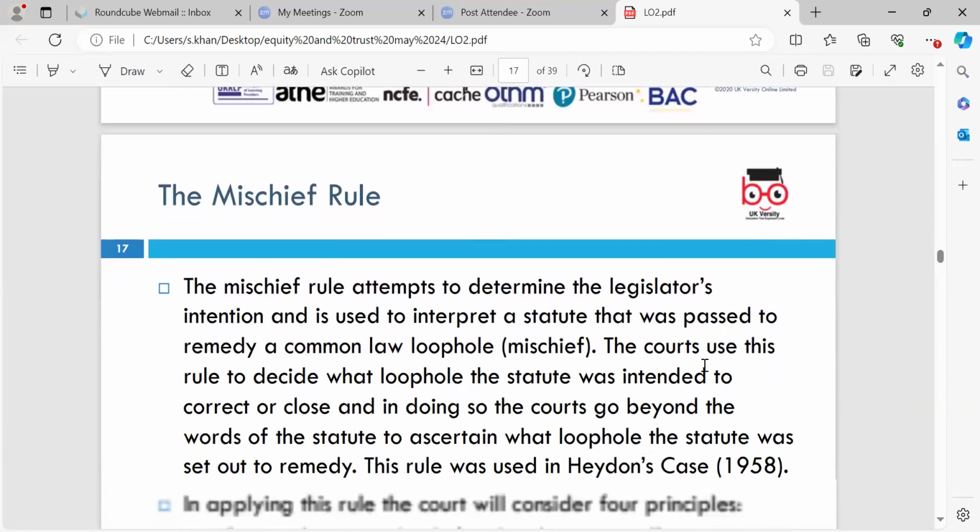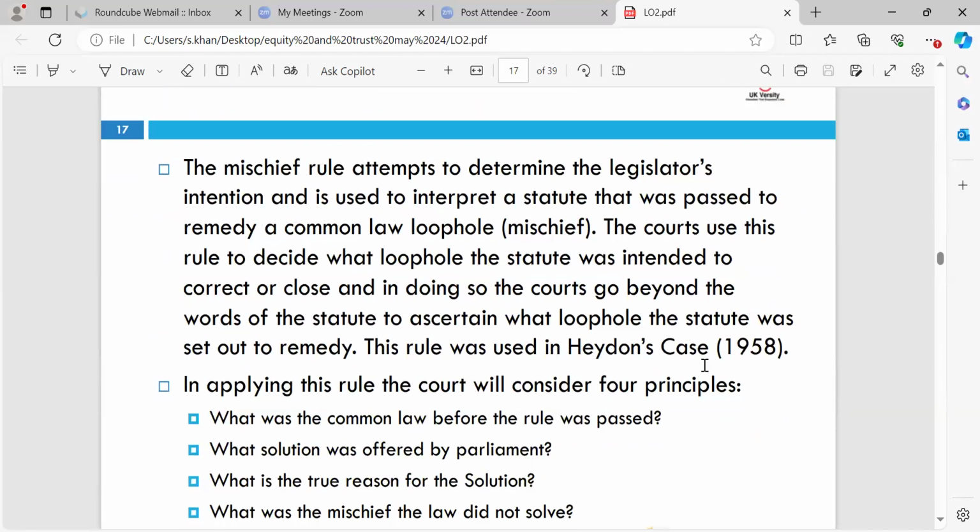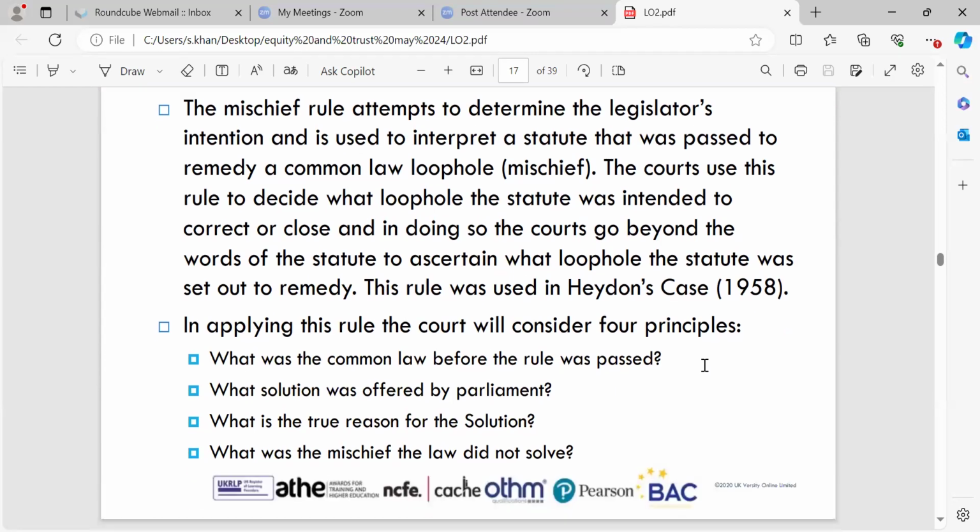Then we have the mischief rule, and this rule gives judges the most discretion of all. The four principles to follow were expressed in Heydon's Case, 1584, which concerned a conflict over legal action against Heydon for trespassing on land.